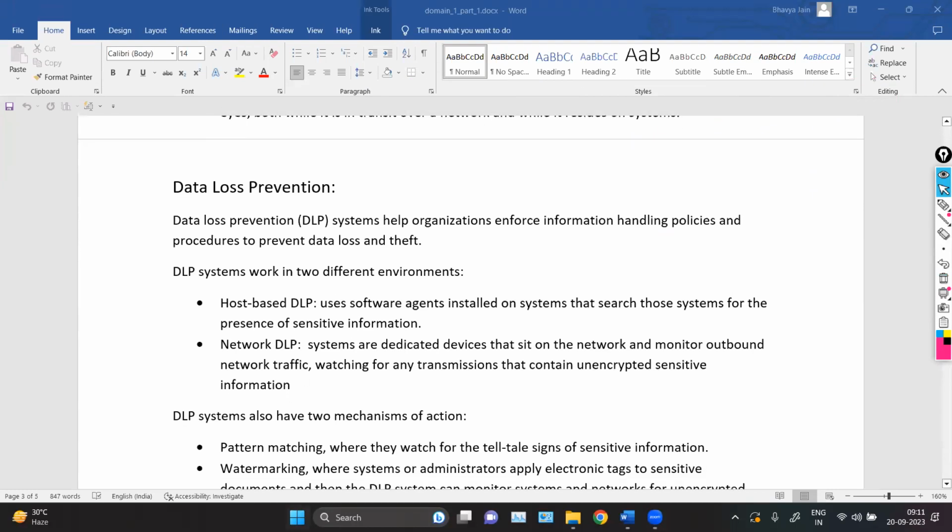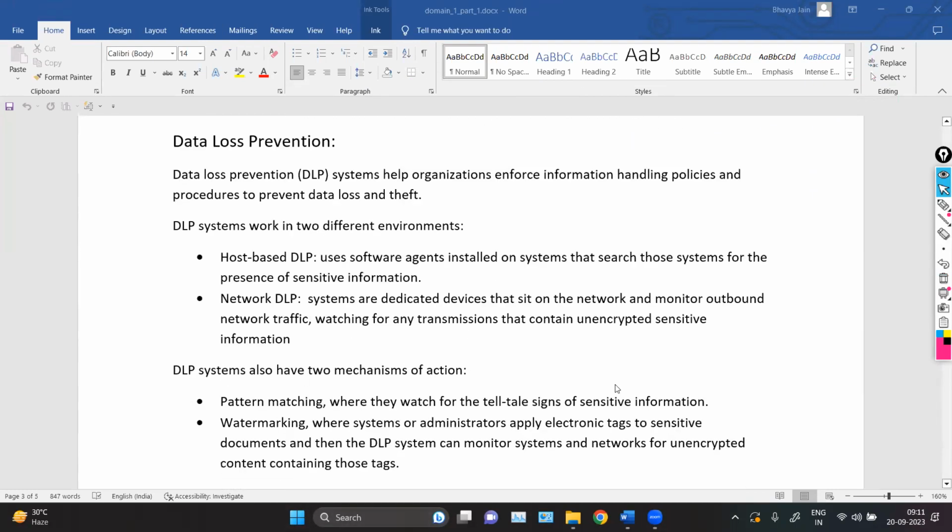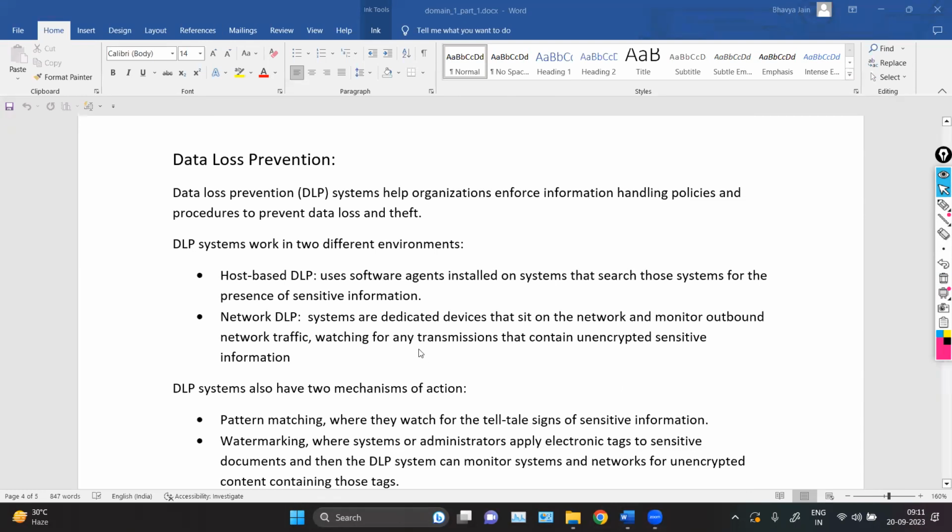Then we have data loss prevention. Data loss prevention systems help organizations enforce information handling policies and procedures to prevent data loss and theft. As an organization, I'm ensuring that there's a backup for the data.